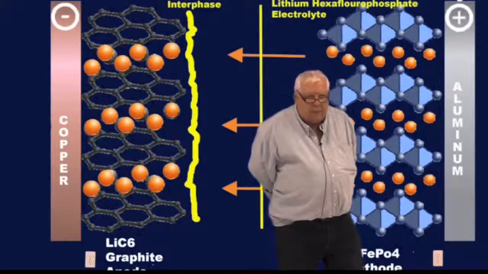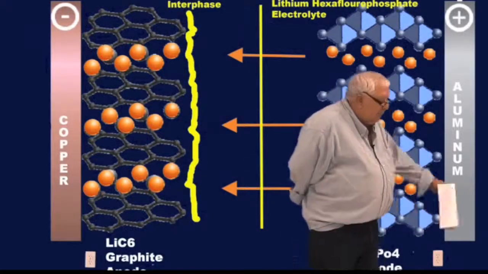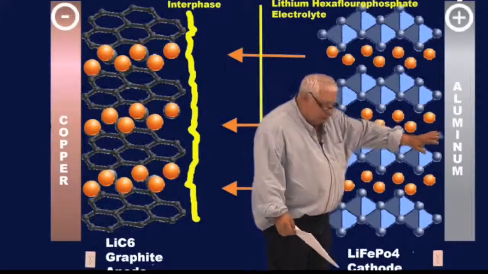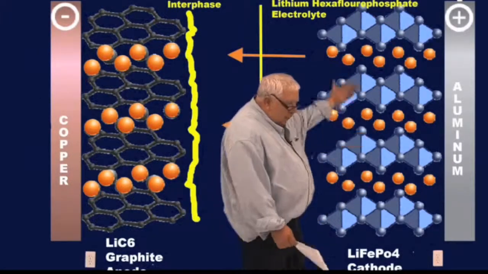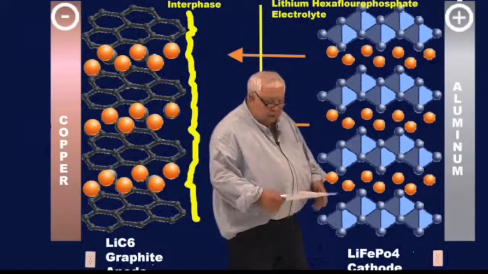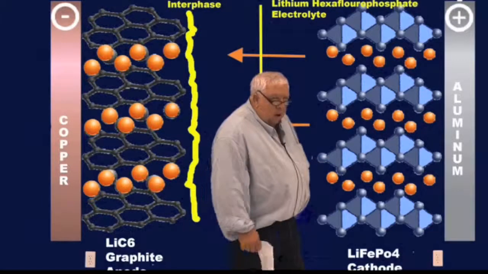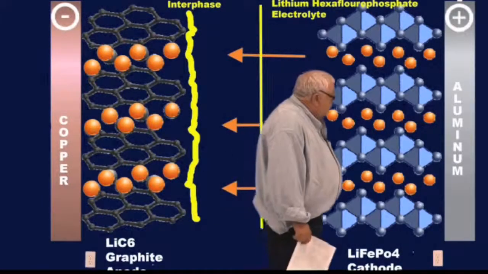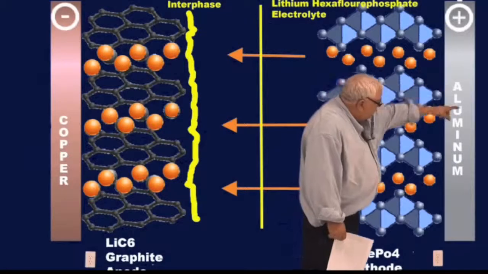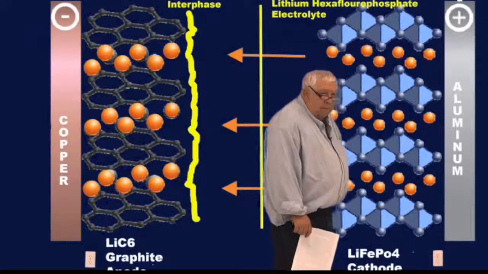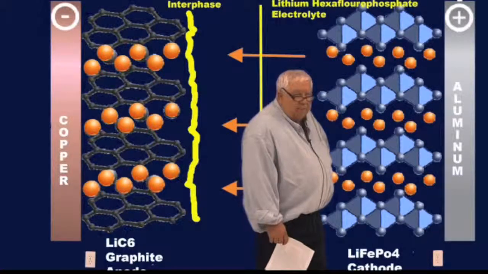The cathode is somewhat more complex, and let me play weatherman here. Normally they have a little monitor off to the side where they can look at that and see what they're doing. I'm guessing, so you have to give me a little slack here. Our cathode has an aluminum metal connector over here, and then a very thin layer of material.